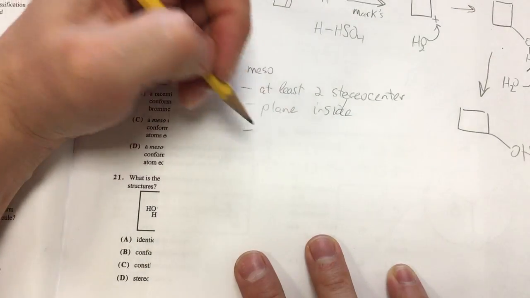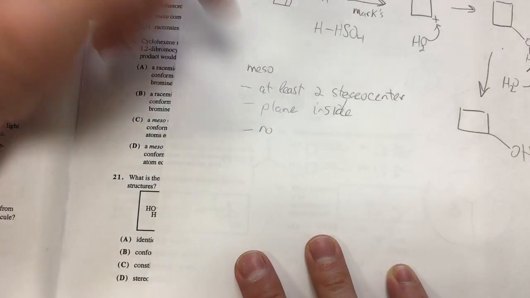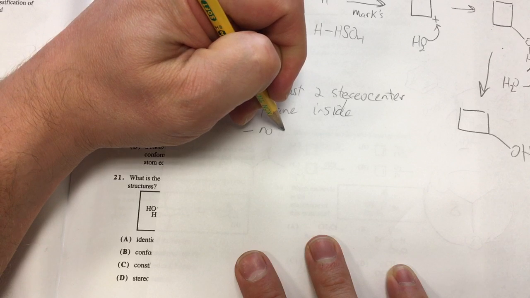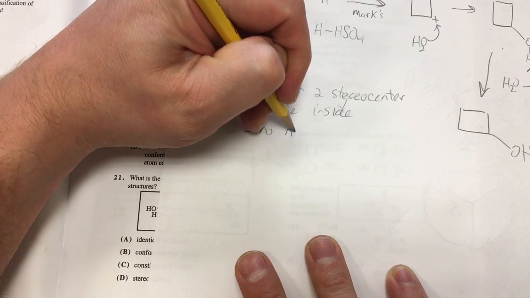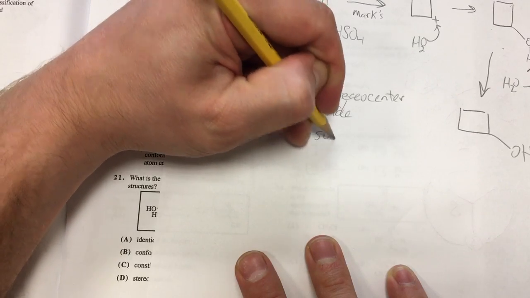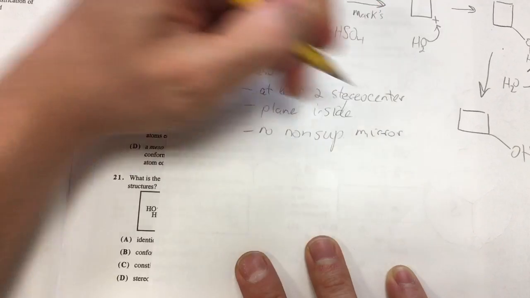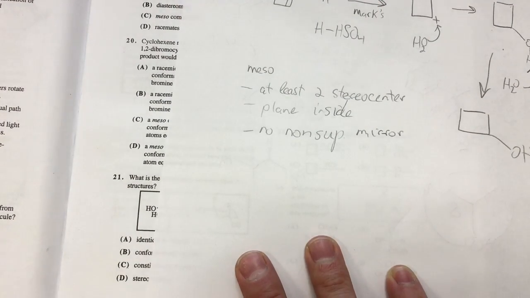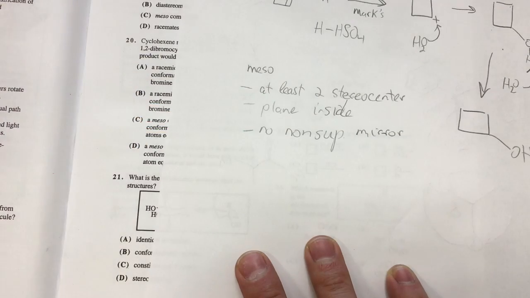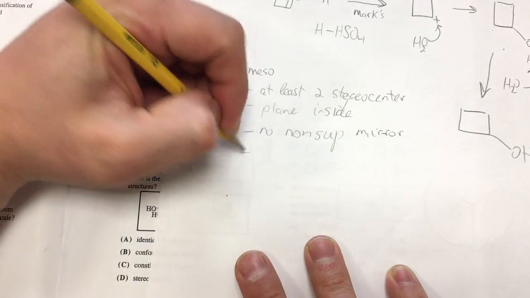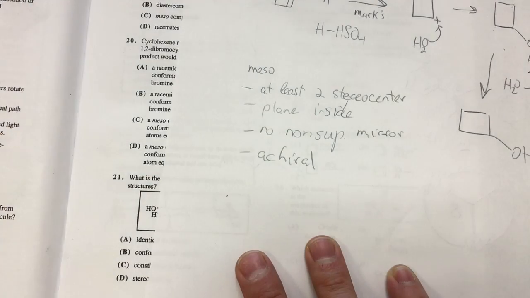And another key thing is it has no non-superposable mirror image. I'm trying to go a little bit fast here. Non-superposable mirror image. So three main characteristics. The fourth one here, probably not as important, is that it is actually an achiral thing.